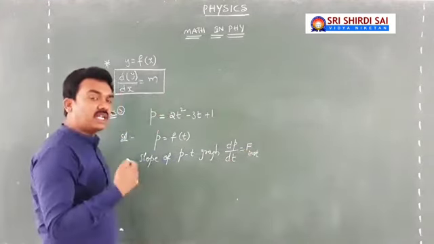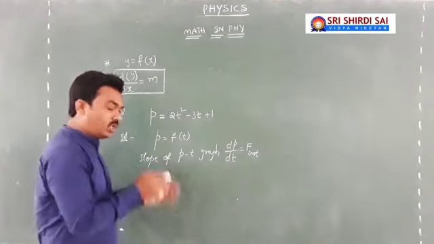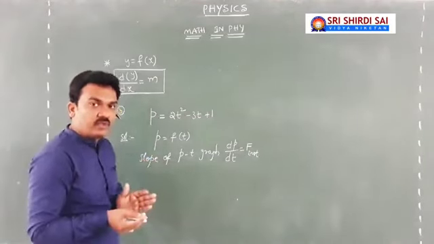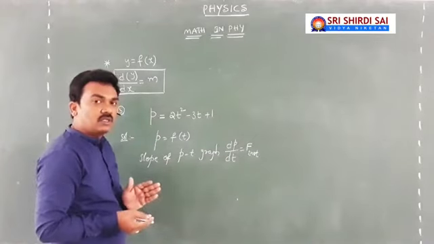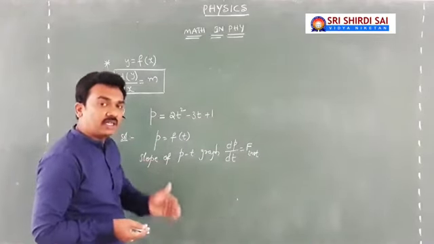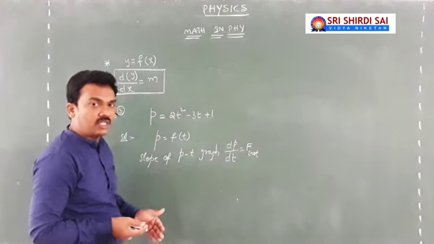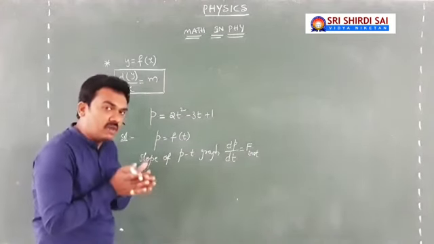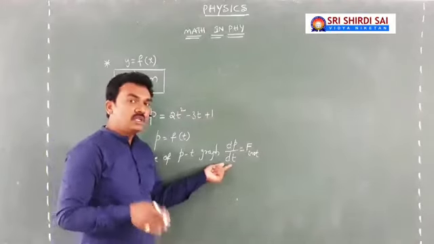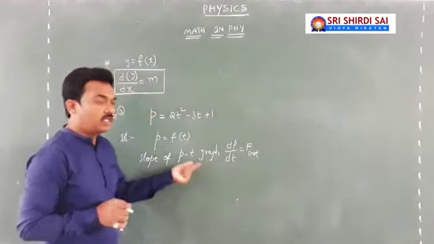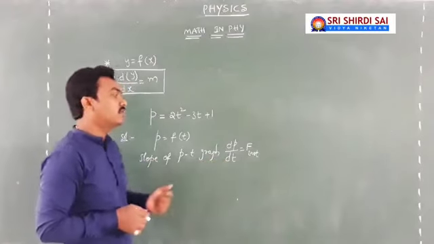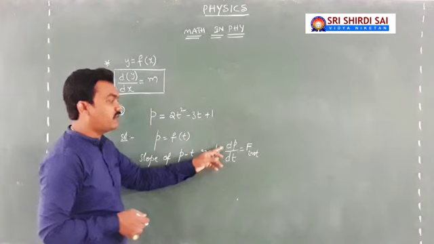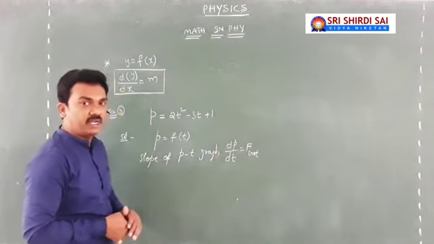Average force means delta p by delta t: total change in momentum divided by total interval of time. You will come across an average force acting on the body. You learnt this already in the earlier class. There, average terms are explained for an interval of time, but this is for an instant of time. So the instantaneous force acting at that particular instant of time will be given by dp by dt.